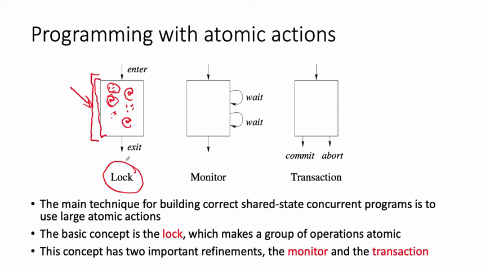It makes it atomic. And then, in addition to the lock, we have two refinements, which are called monitor and transaction. The monitor is also called, in Java, a synchronized object, but in fact it's exactly the same as a monitor. So a monitor and a transaction are also locks, but they do something more than locks. A monitor extends the lock with a way for threads to wait.